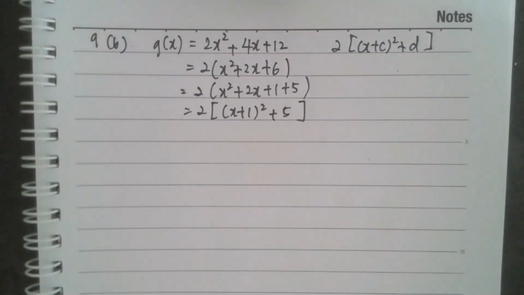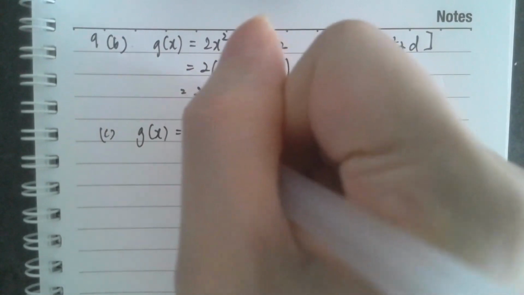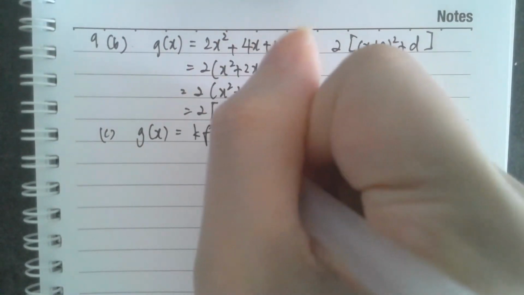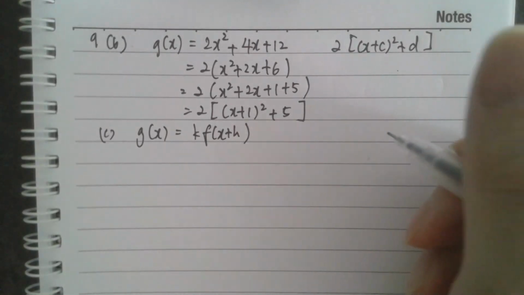Done. So that's B. Moving on to C, express g(x) in the form of f(x). You're supposed to express g(x) in the form k f(x plus h), where k and h are integers that are to be found.